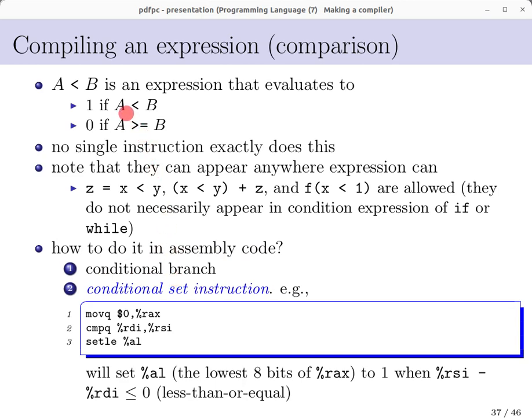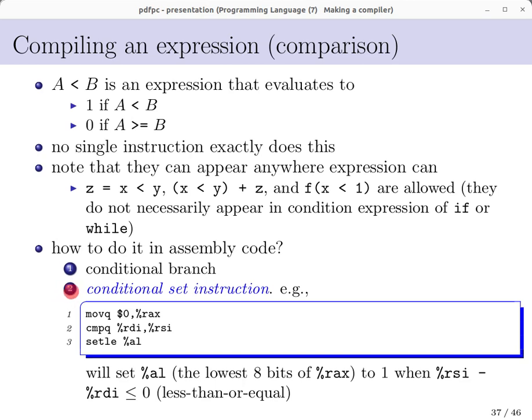You first compare A and B, and depending on the result, you execute different instructions. In one branch, you set the result to 0, and in the other branch, you set the result to 1. But it is not terribly efficient.